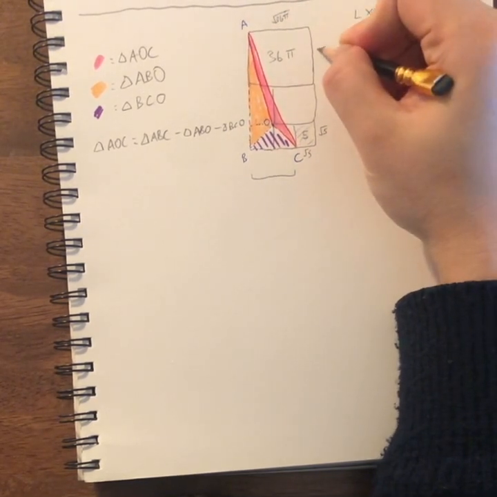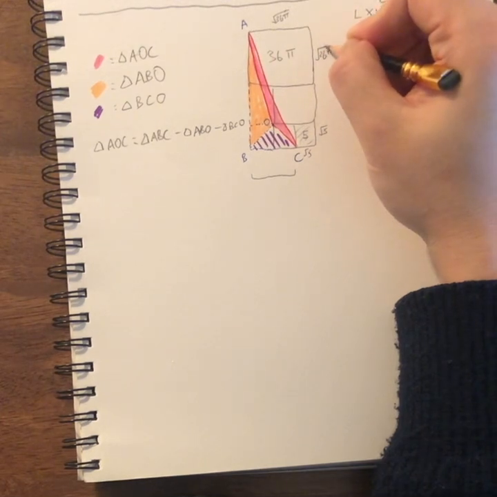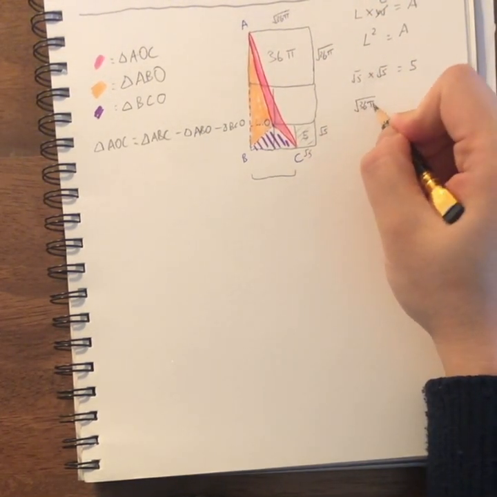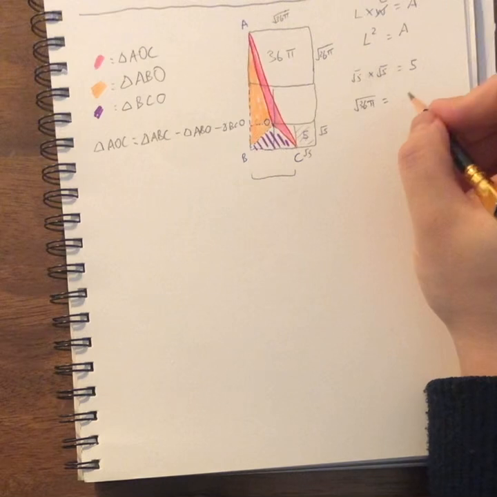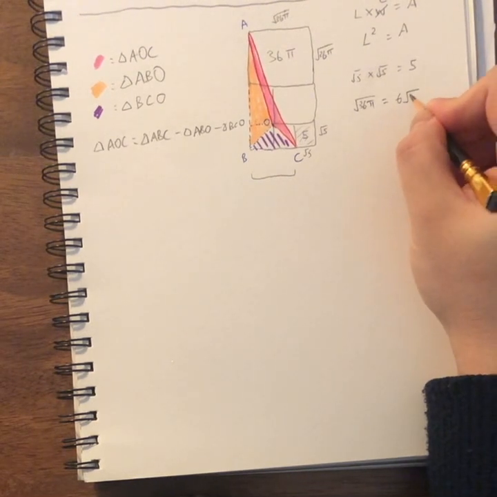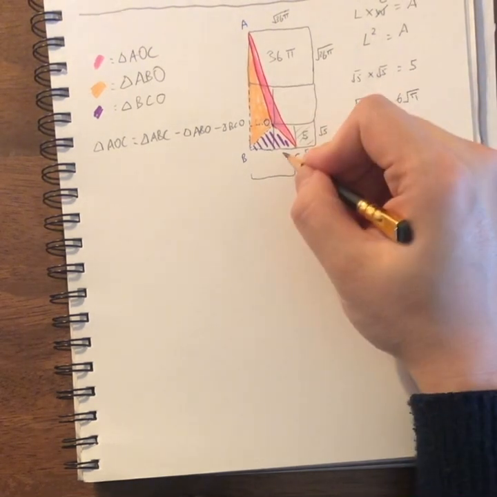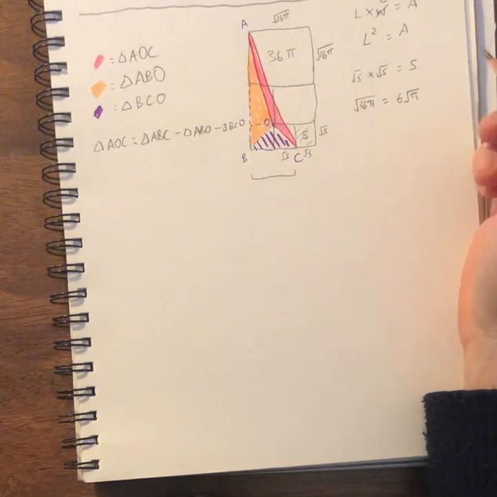And this is root of 36 pi as well. And the square root of 36 is just 6. So it's 6 root pi for the side length of the big square up top. So this is root 5 here.